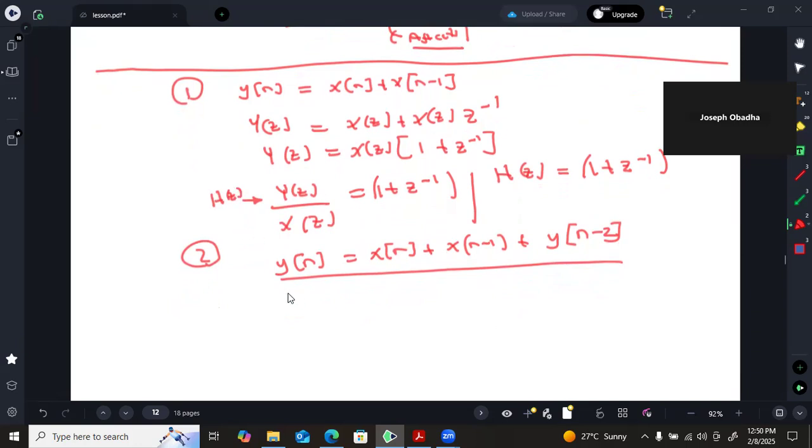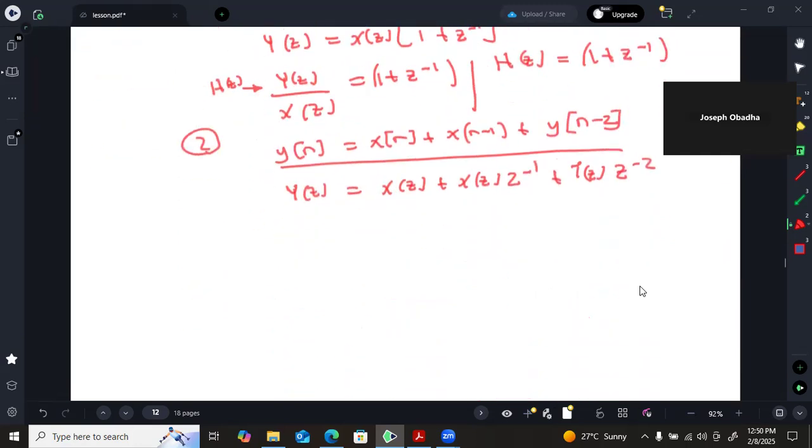The z transform, I would have y of z equal to x of z plus x of z, z minus 1 plus y of z, z minus 2. Then I can collect the like terms together.